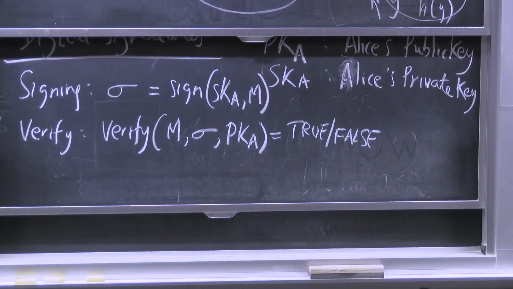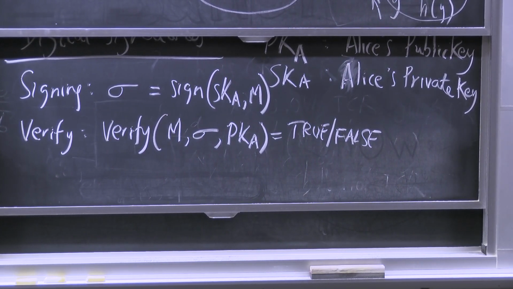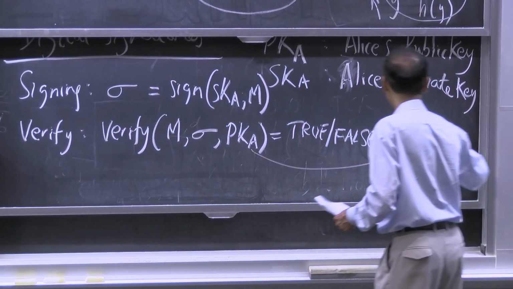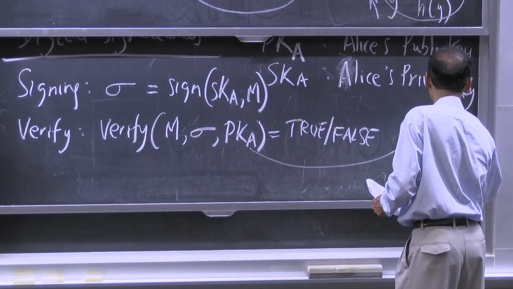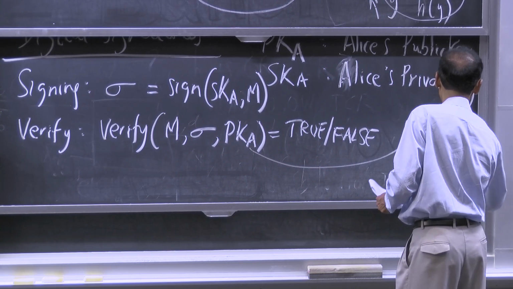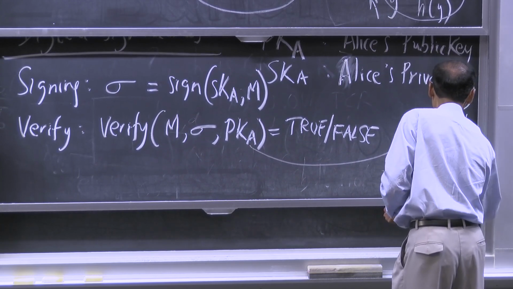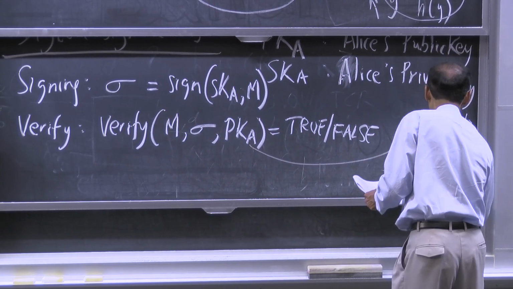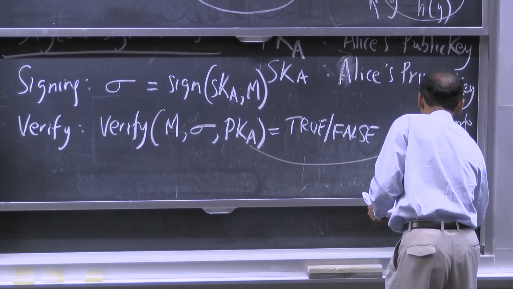Right? And so the public key should not reveal any information about the secret key. That's the challenge of building PKI systems that we'll talk about in some detail next time.